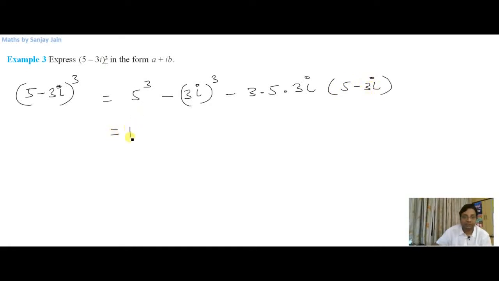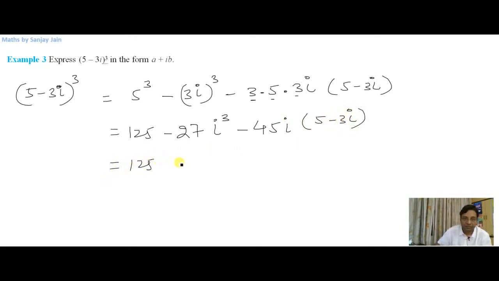So it will give me 125 here, and this will be minus 27 iota cubed. And this will be 3 into 5, 15, 45 iota, 5 minus 3 iota, right?